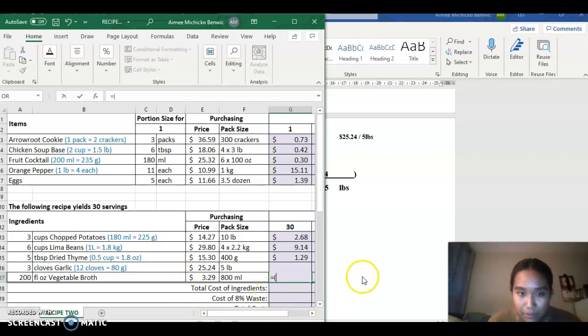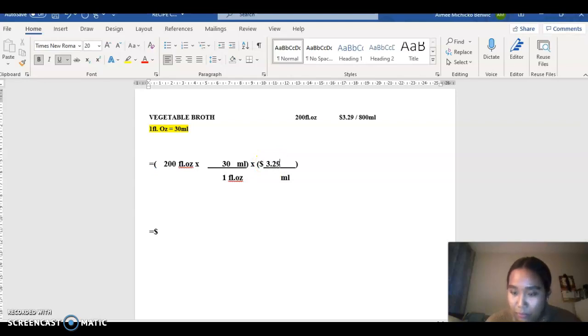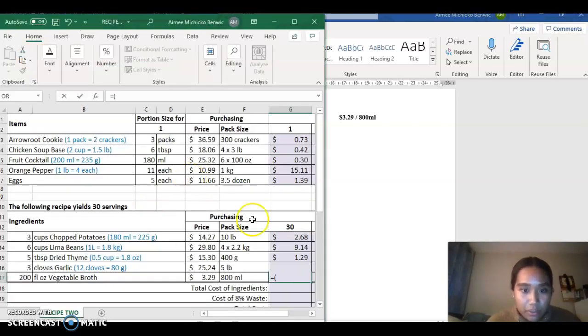So for the last ingredient, we have vegetable broth. So I have 200 fluid ounces here, and we have to get to ml. So in 1 fluid ounce, there's 30 ml, and since this is the same unit, we move forward and copy the price of $3.29 per 800 ml, and that gives us $24.68 cost of vegetable broth.